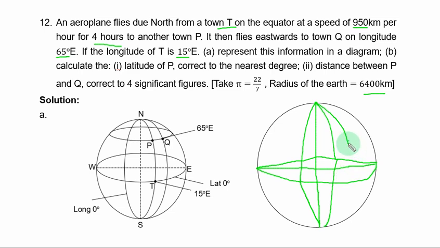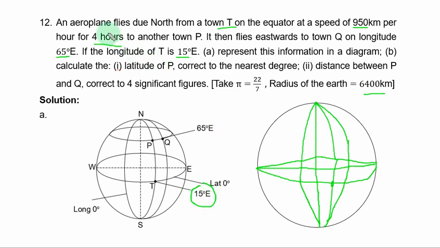So let's locate the point. Now T is on the equator. The longitude is 15 degrees. So this is point T, latitude 0 degrees and longitude 15 degrees.